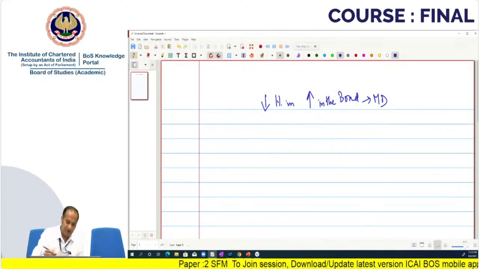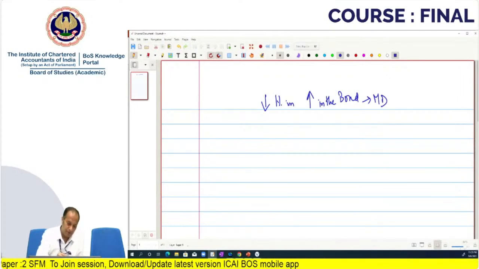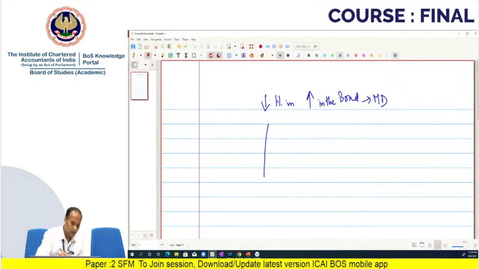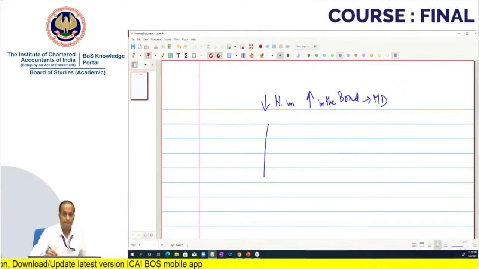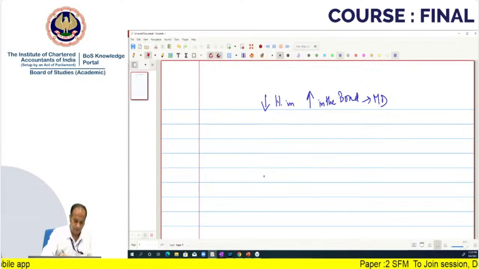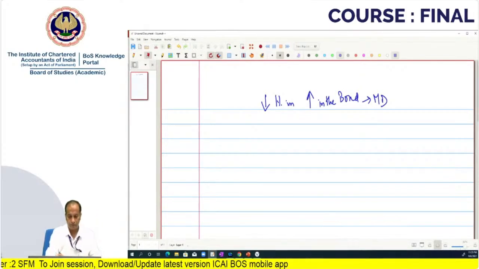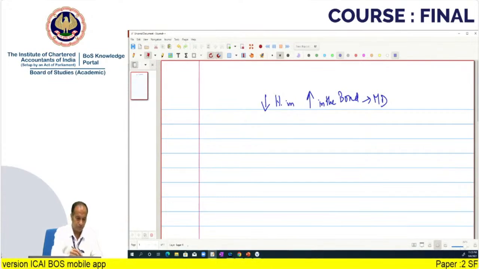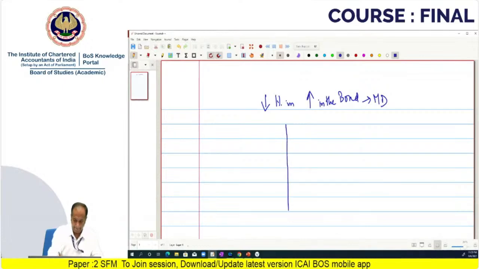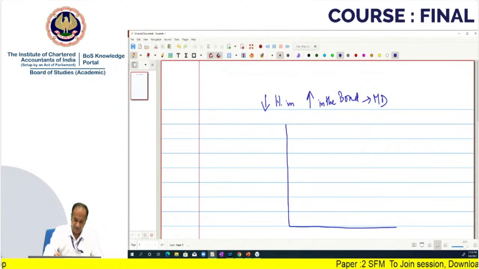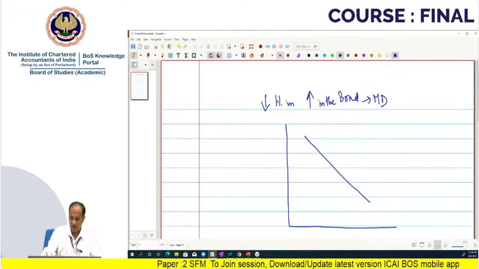Now suppose if I draw, because if I go by the same, as per this version, we can say this will be our yield curve like that.